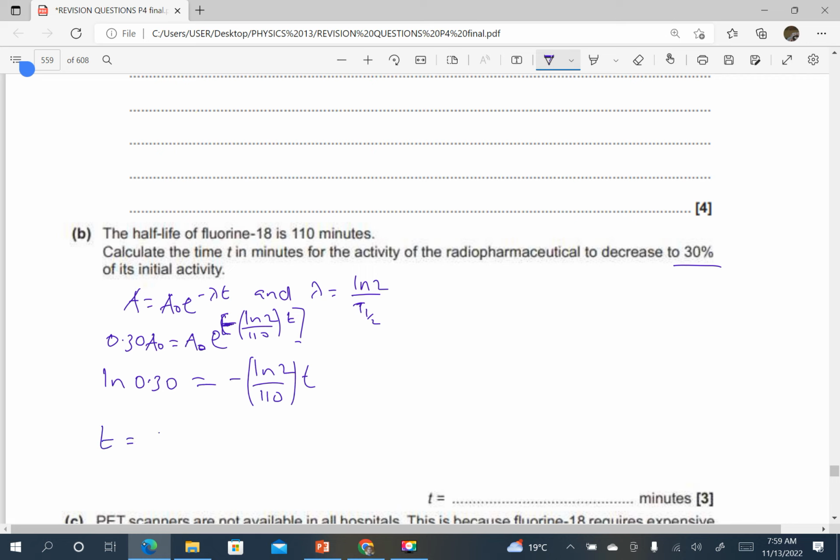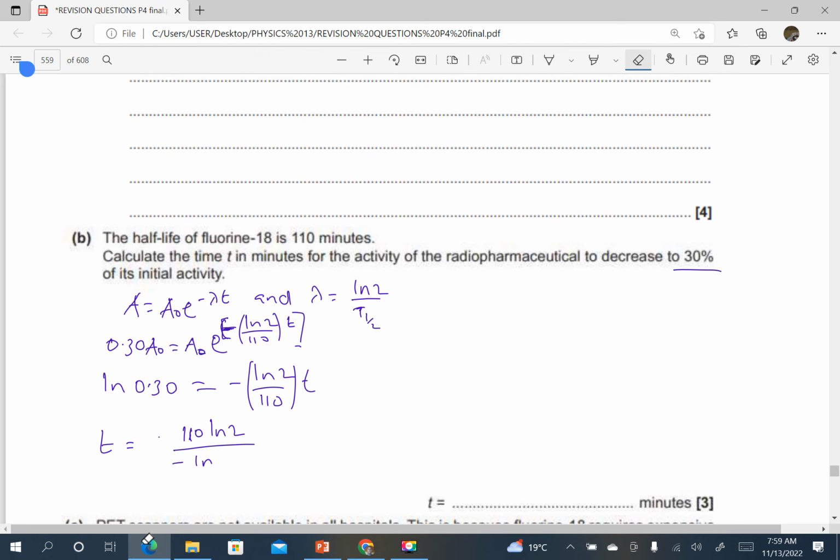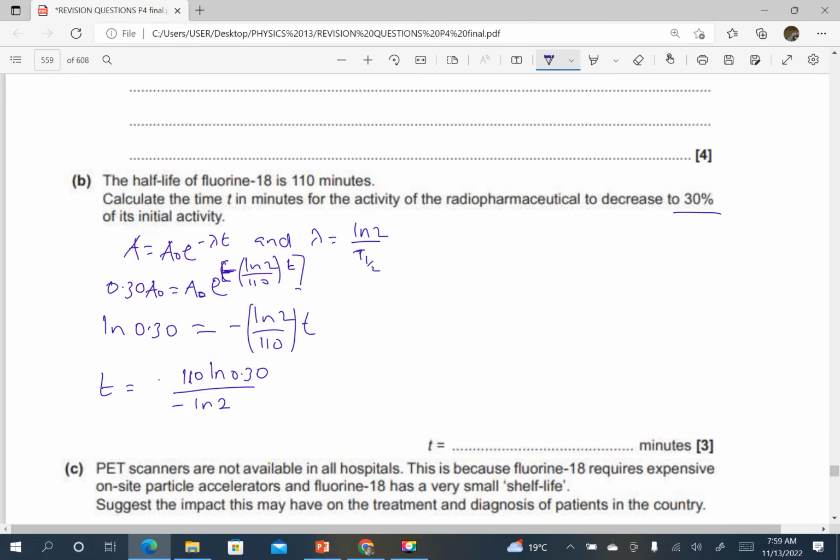T is going to be 110 ln of 0.30, I'm cross multiplying, divided by negative ln of 2. From my calculator, this is 190 minutes.